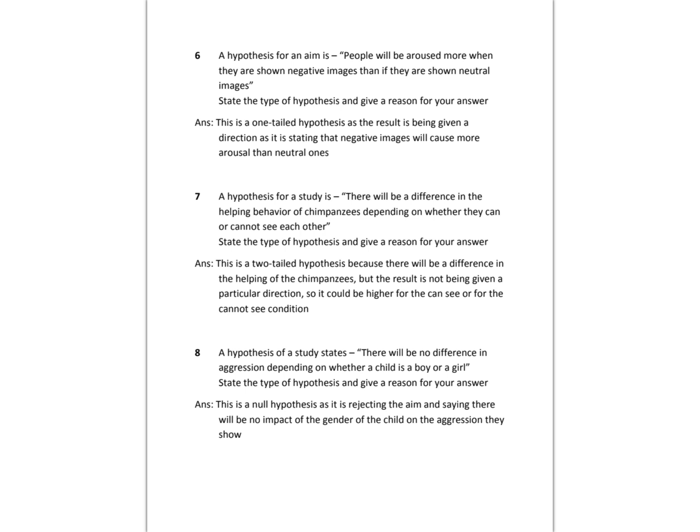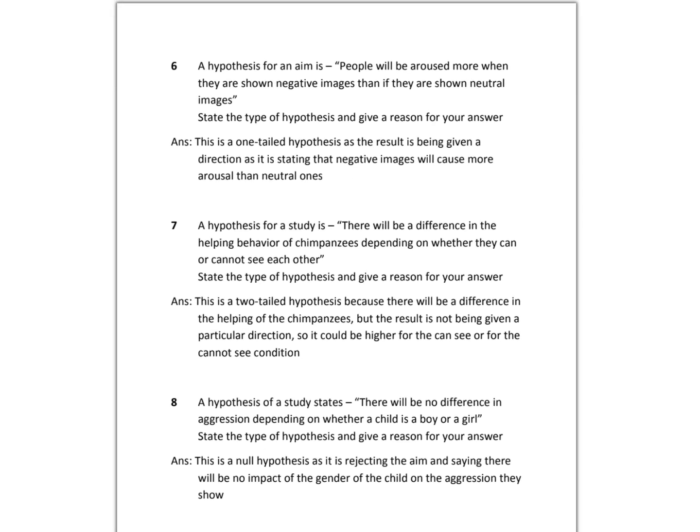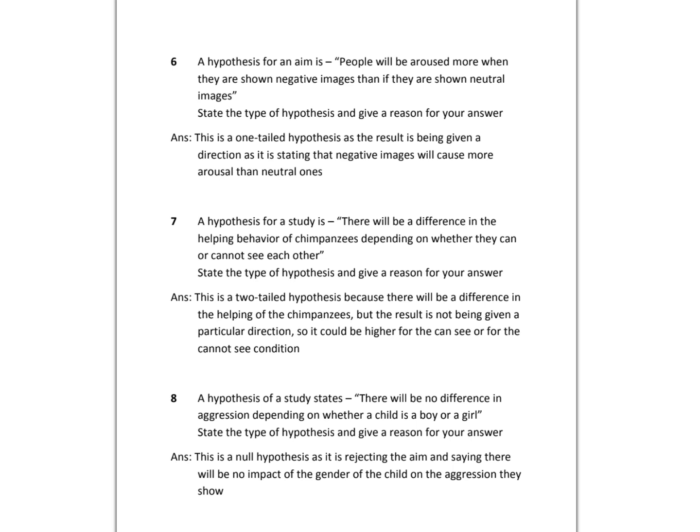Question number 6, a hypothesis, let me try and make it slightly bigger. Okay. A hypothesis for an aim is people will be aroused more when they are shown negative images than if they are shown neutral images. State the type of hypothesis and give a reason for your answer.